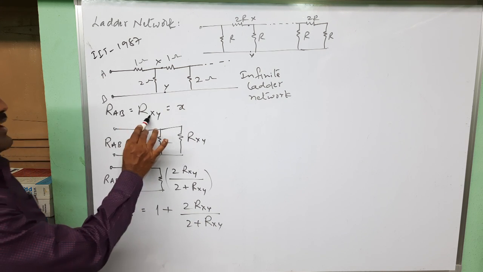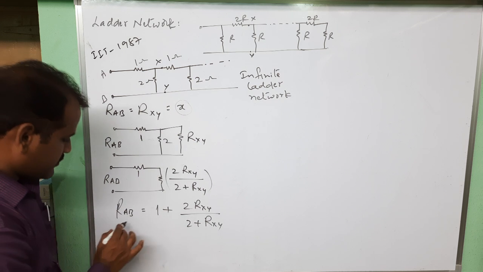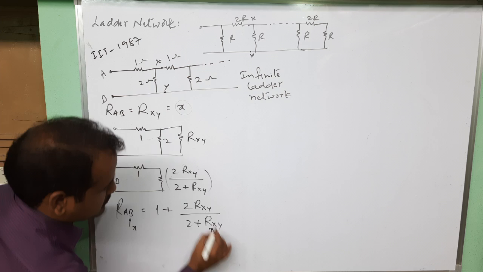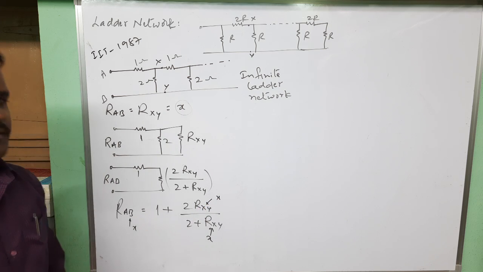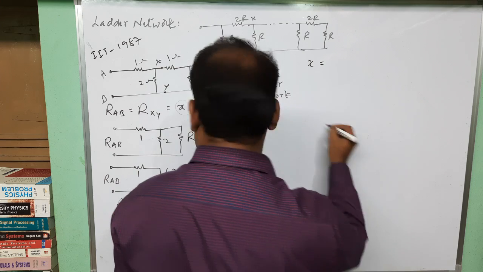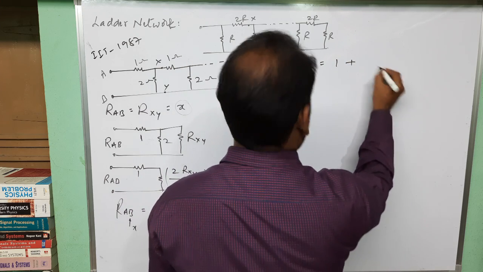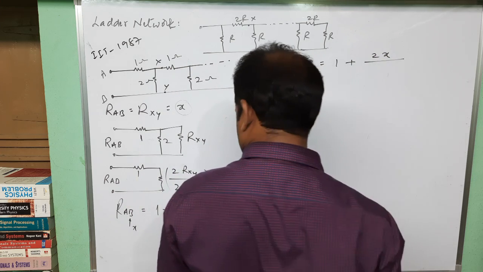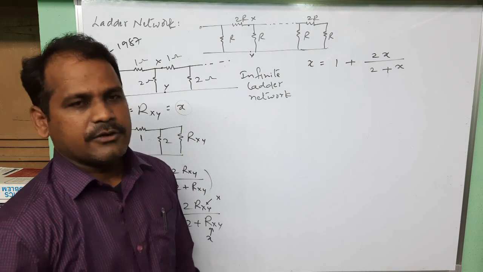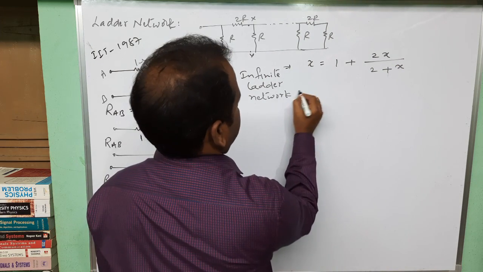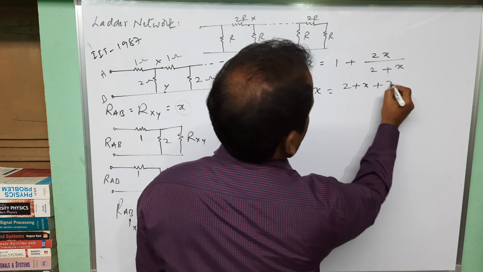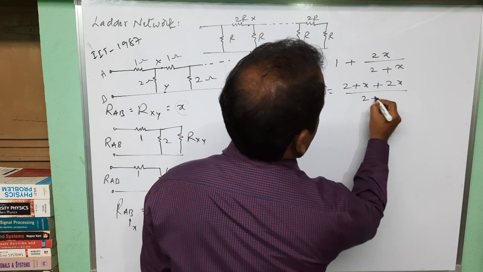Here RAB and RXY we can consider as small x. So this one I am writing as small x, this one also as small x, and this one also replacing with small x. So the resultant equation: x is equal to 1 plus 2x divided by 2 plus x. Further, we can simplify this expression as x is equal to 2 plus x plus 2x divided by 2 plus x.